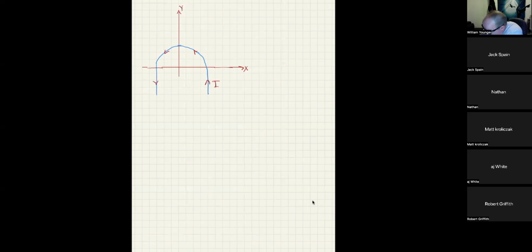And what I'd like to know is what is F total on this wire if the magnetic field is pointing out of the page, and it's a uniform magnetic field.